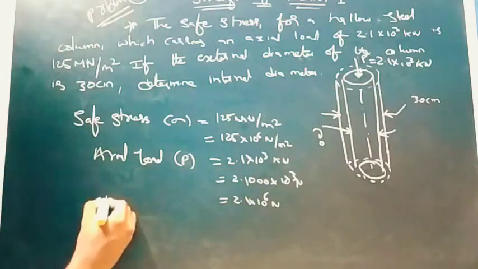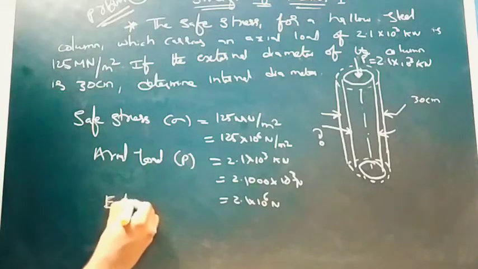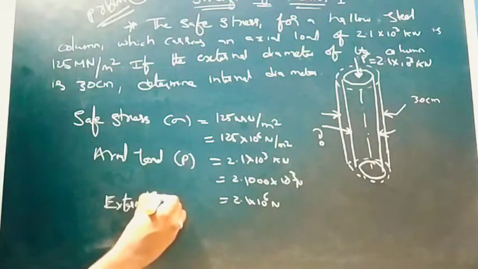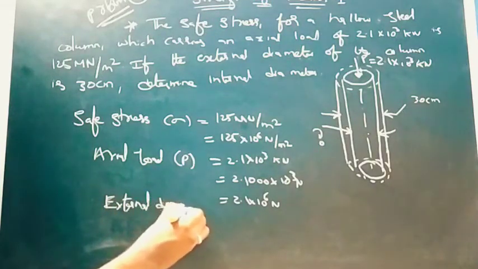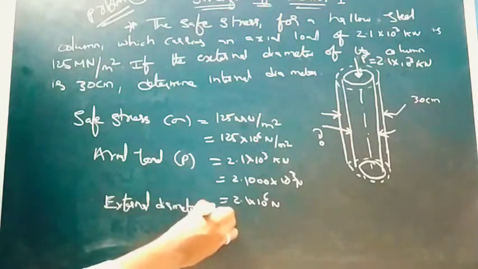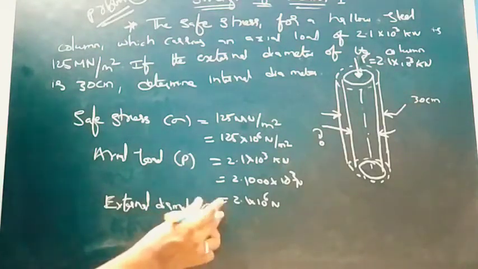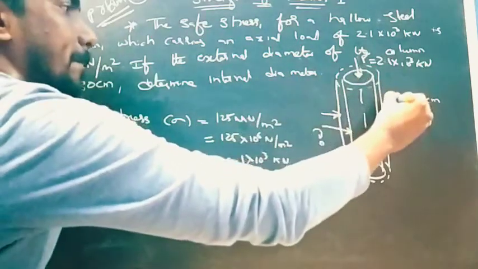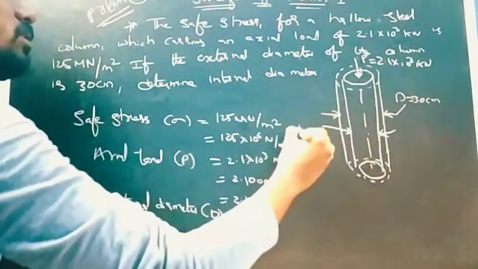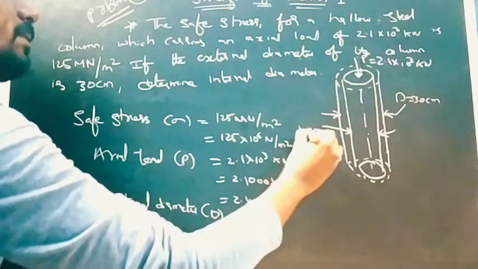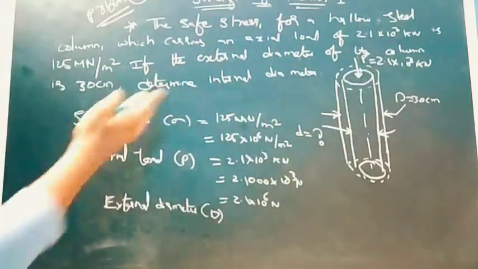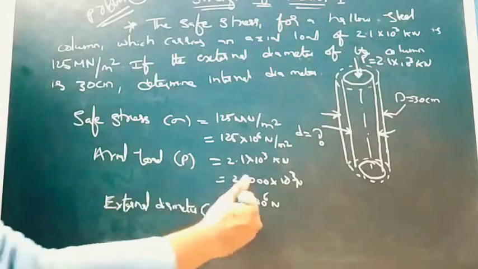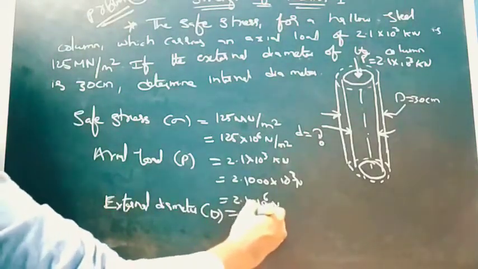Now the external diameter is given in the question. Let's say capital D is the external diameter and small d is what we have to determine. The external diameter is 30 centimeters.